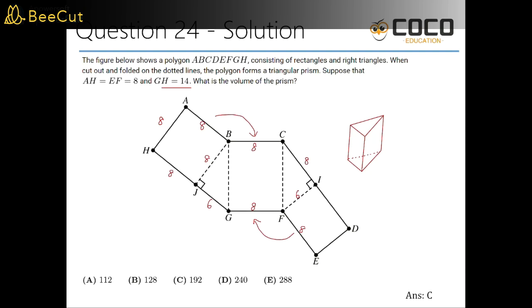Okay, after we fold it, let's take the triangle BJG as the base. Now this will be J, this is G, and this is B. Right. So you can easily find that the base area is 6 times 8 divided by 2, because this is a right angle triangle.